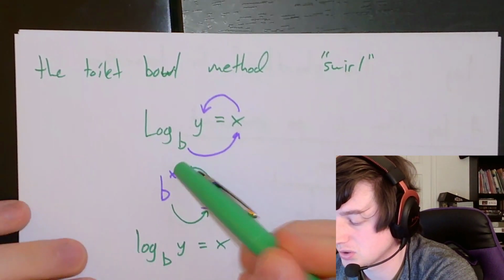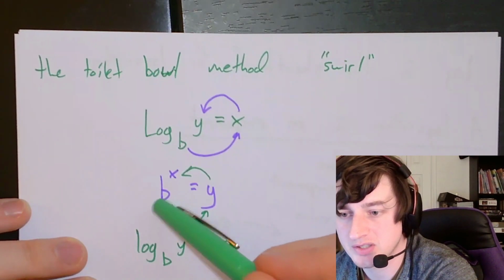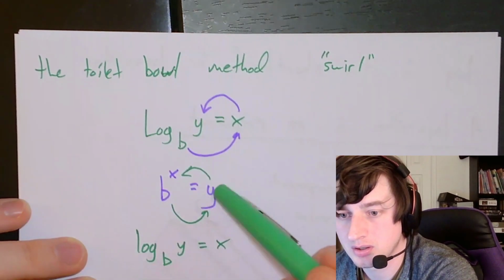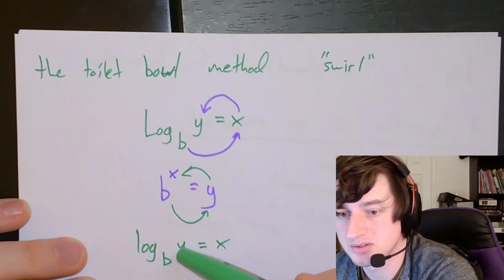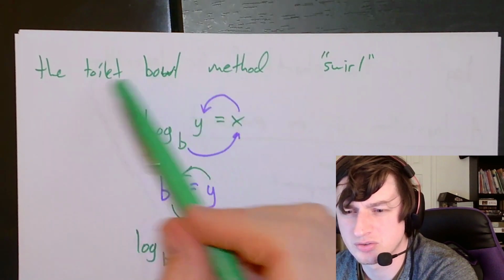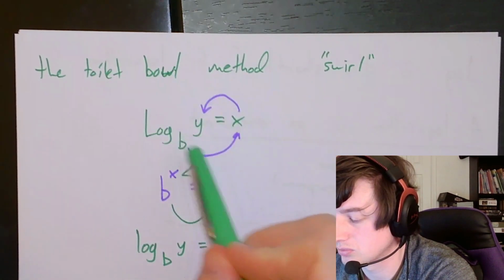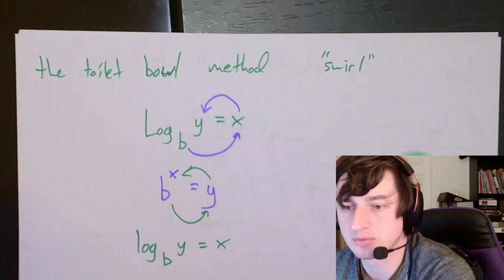The exponent is what the log is equal to. The base of the exponent is the base of the log, and the value that this exponent is equal to is the value inside the logarithm. Okay, and we'd call it the toilet bowl method because we're going around, counterclockwise, swirling around the equal sign.